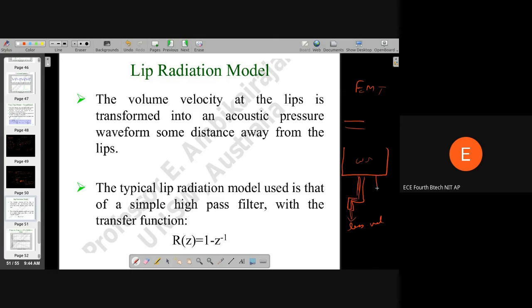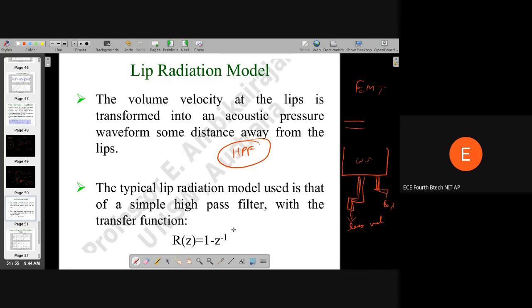But if your pipe is very narrow, your water will come out at high velocity. So just take this analogy. What happens is this: the lips, compared to your entire vocal tract, particularly around your oral cavity or the mouth, are quite small when you speak. So it acts as something like a high pass filter.